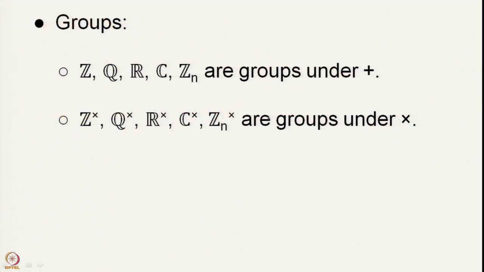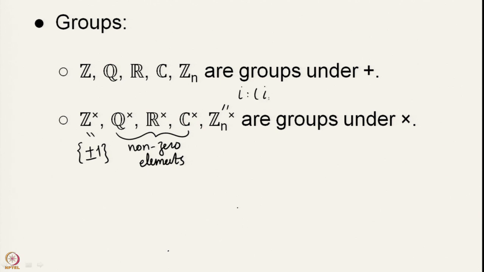In general what we have for all these is that this is the set plus minus 1. These three, these are all the non-zero elements in the corresponding sets, and remember these are all the elements I where the GCD of I and n is 1. So, these are all invertible elements with respect to the product in the sets Z, Q, R, C, Zn which we have seen earlier, which are groups under addition.